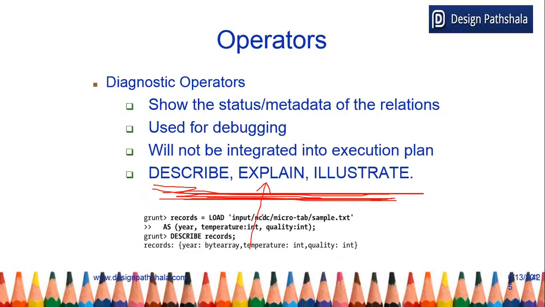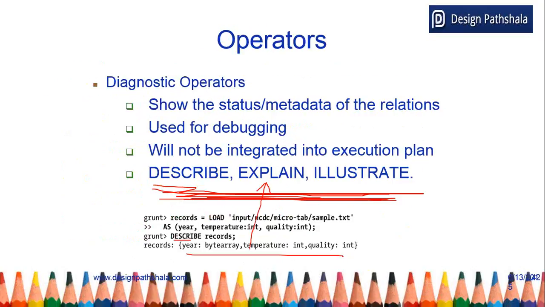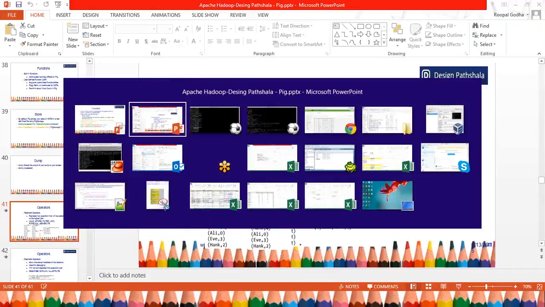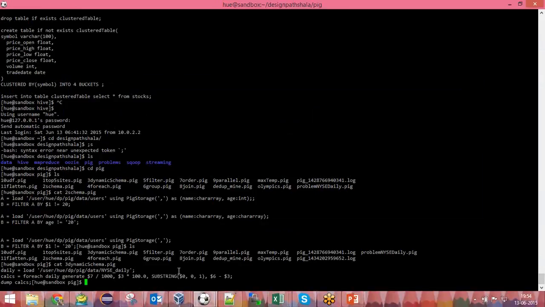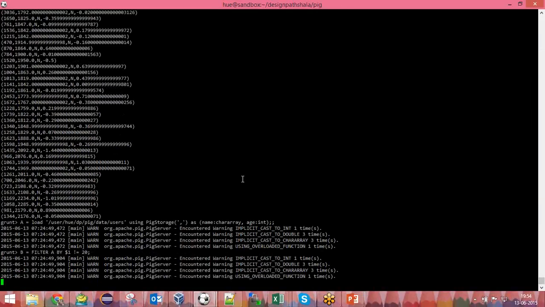I'll just show you. So basically describe shows the parameter and the data type of the parameter. Let's look at explain and illustrate also. Now if I say illustrate B, what I did is I have used the same example which I ran previously.